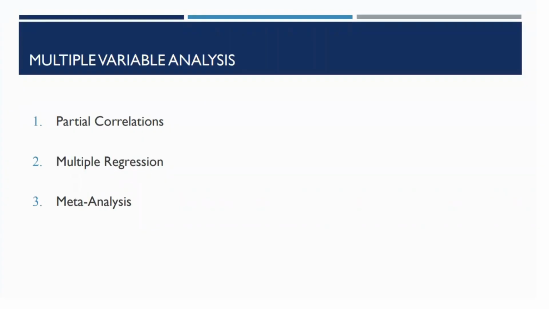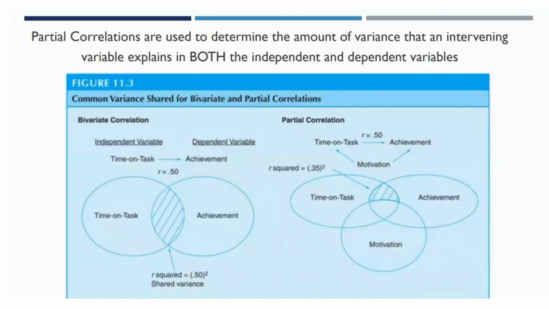For the multiple variable analysis, we have partial correlations, multiple regression, and meta-analysis. Okay, so partial correlations are used to determine the amount of variance that an intervening variable explains in both the independent and dependent variables.